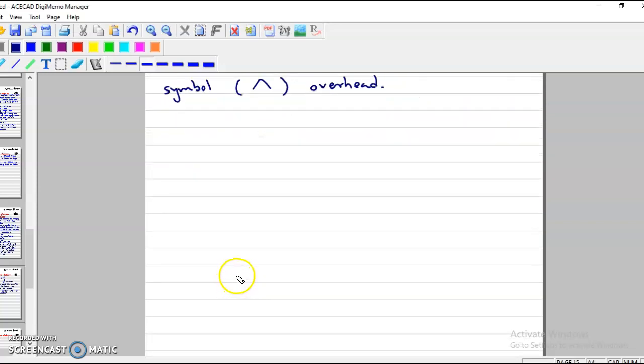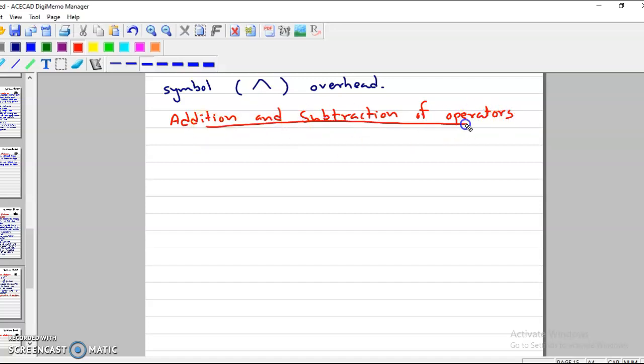Now we will carry out different kinds of operations with operators. First of all, let us take addition and subtraction of operators. We can carry out addition and subtraction of operators also.